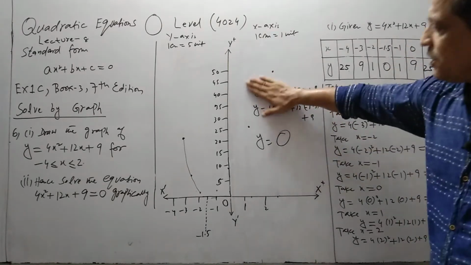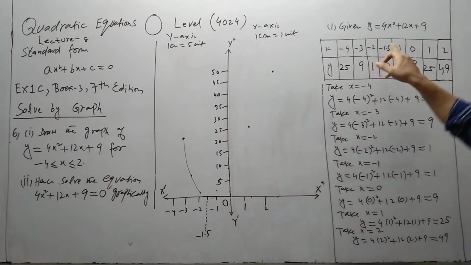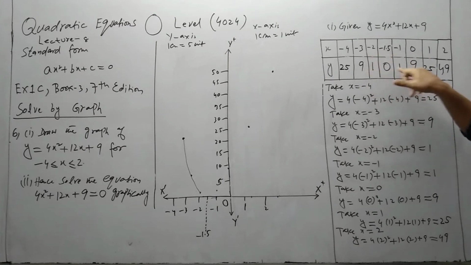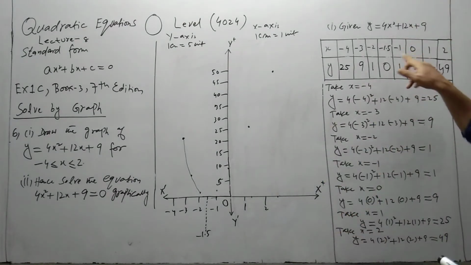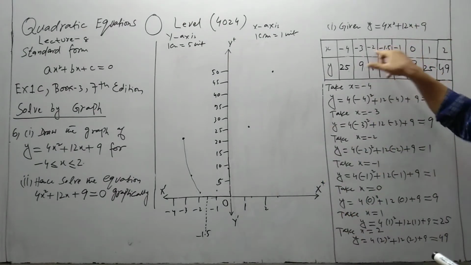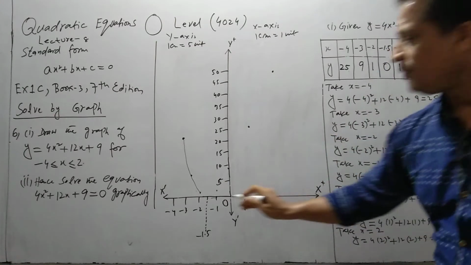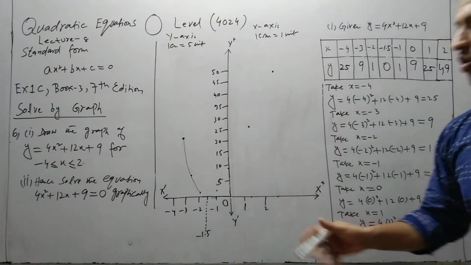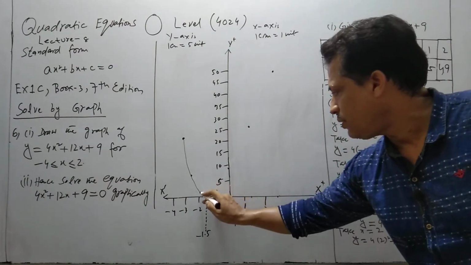I hope you understand why I took one more value between these two: because we are getting the same value, and in order to avoid a straight line, we should take one more value between these two consecutive values. So -1.5, 0, and you know the value of y is 0 on the x-axis. So this is our point.